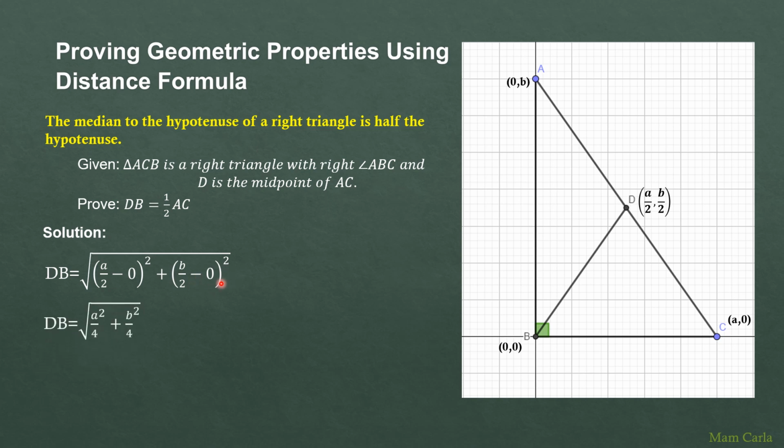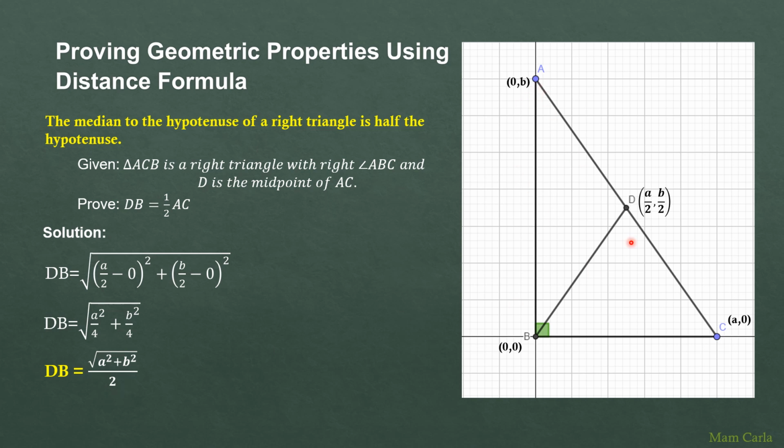Simplifying, we have DB equals the square root of a squared over 4 plus b squared over 4. Now, combining them on the same denominator, we have 4 as the perfect square. So the next line will be DB equals the square root of a squared plus b squared all over 2.